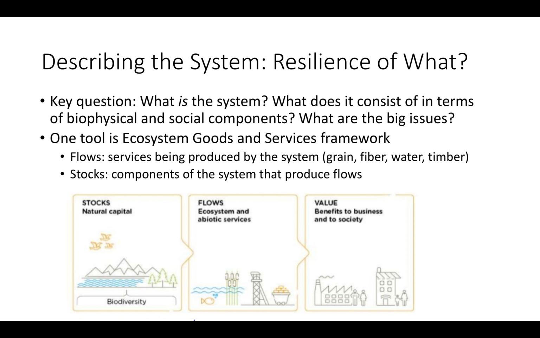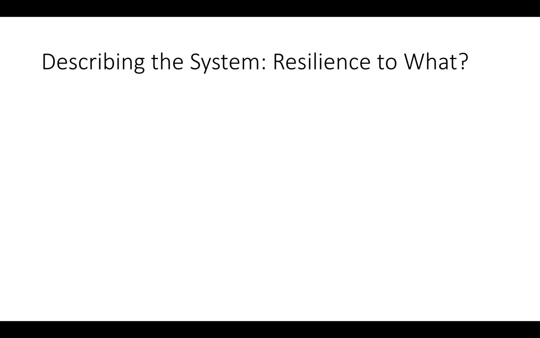You can see in that illustration, the stocks are the actual things that exist in the system. They create the flows of ecosystem and abiotic services that provide value to society, benefits to business, benefits to communities, broader benefits to society.